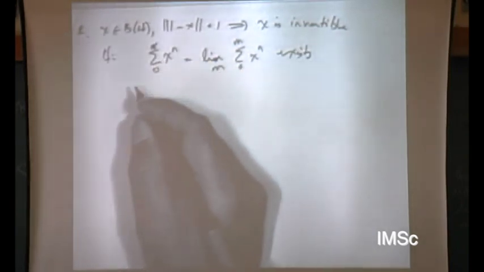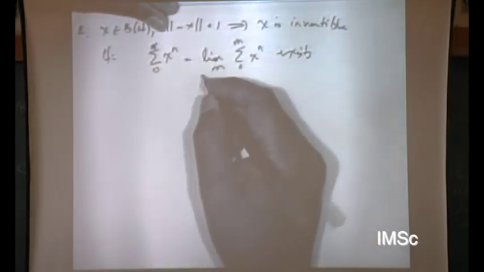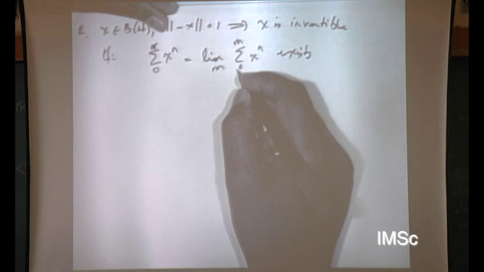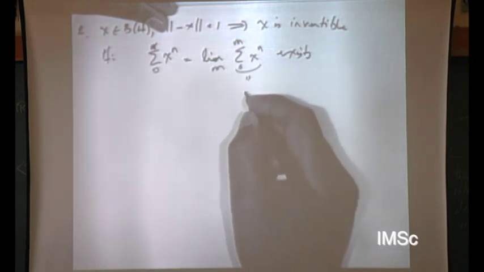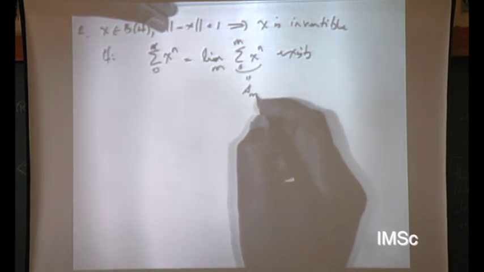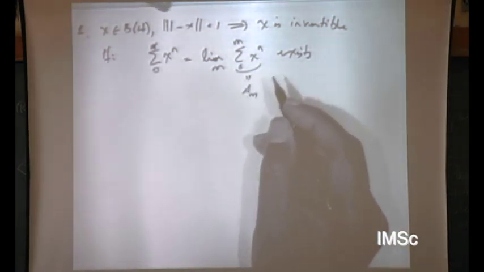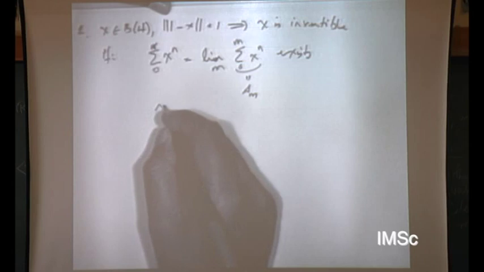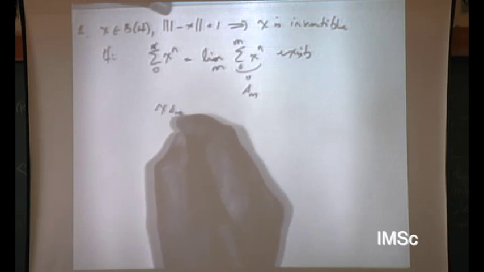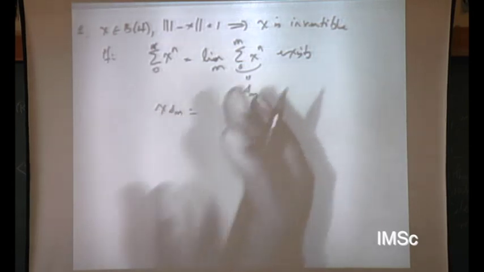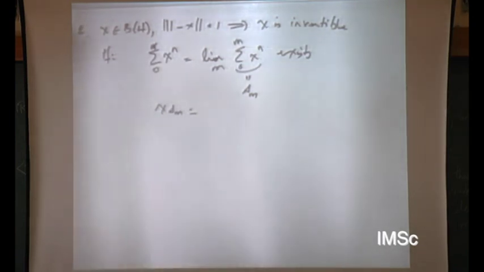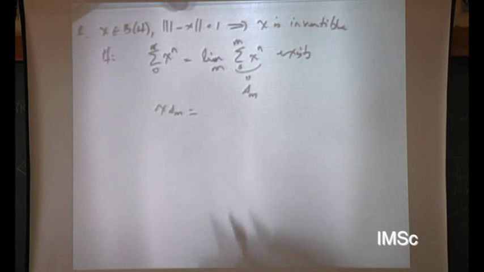And one verifies that if you call this S_m, the mth partial sum, and you just see what x times S_m is. It's going to shift everything from 1 to m plus 1. Right?